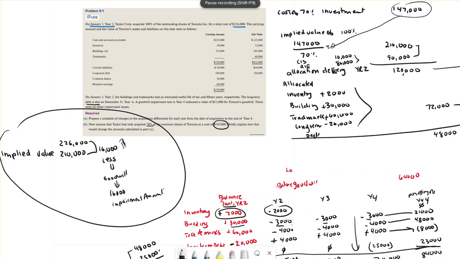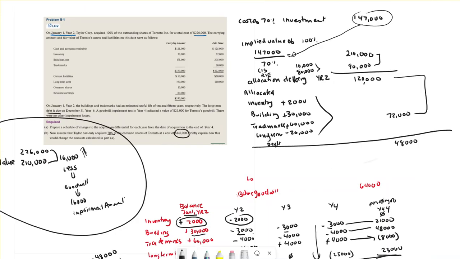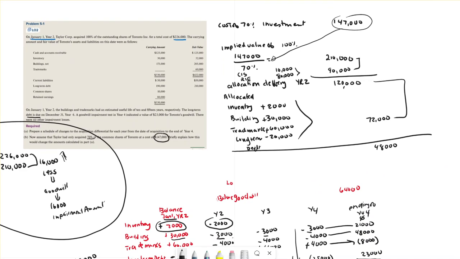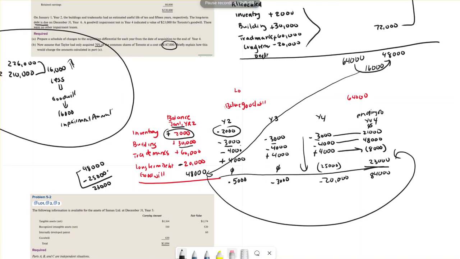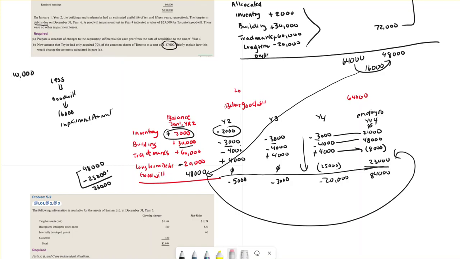If my goodwill is impacted, your acquisition difference will also change. So originally it was 64,000, now it's 48,000, so the difference is 16,000, and that difference will be carried at this point and carried here. So I have a lot of arrows going here and there, but that's what it means.